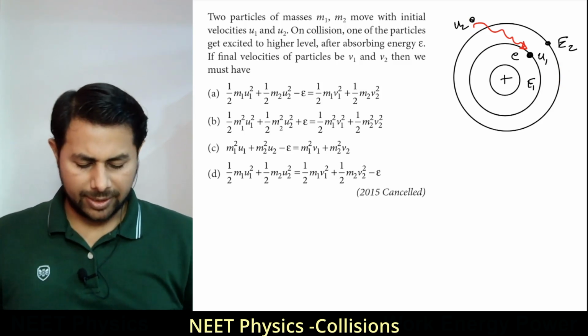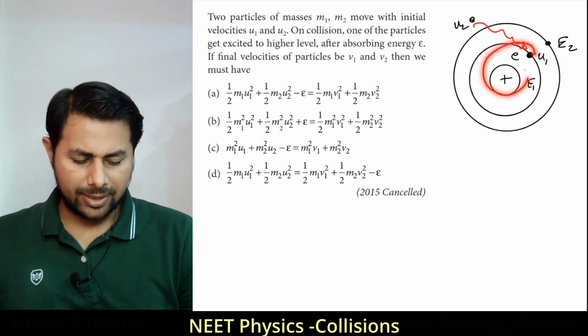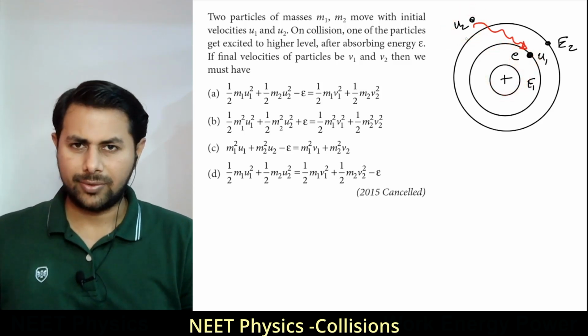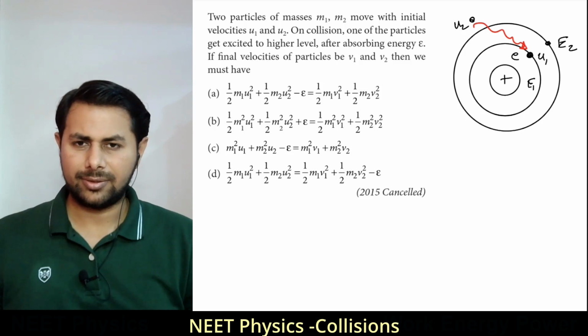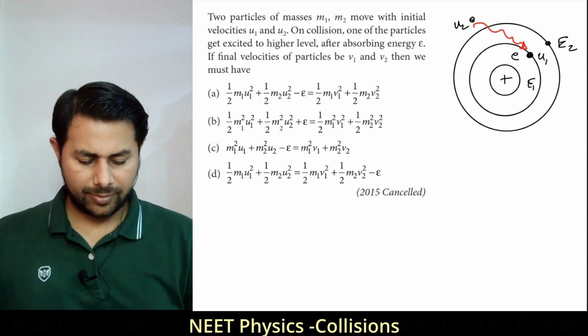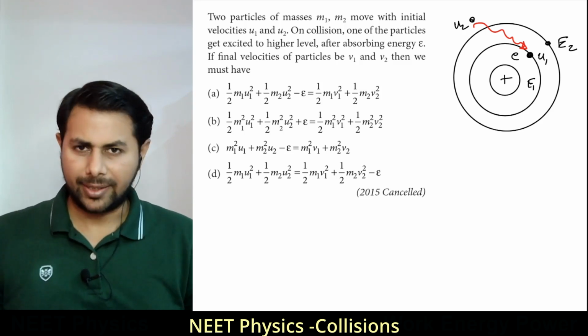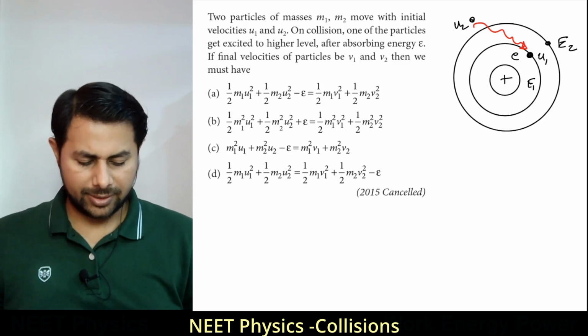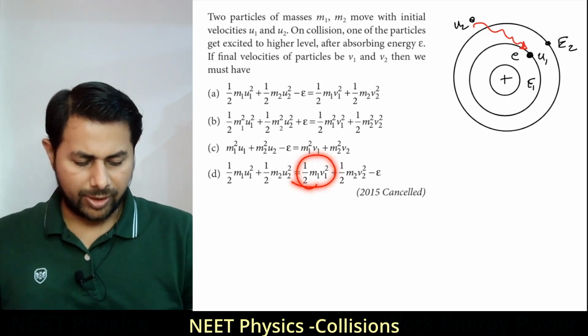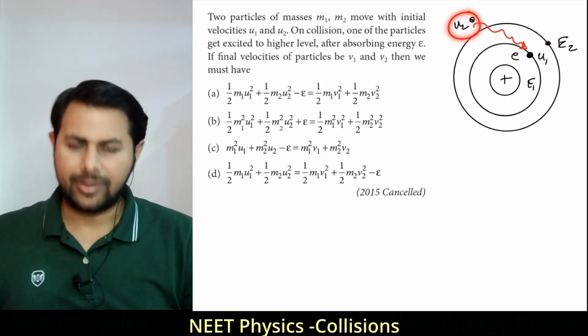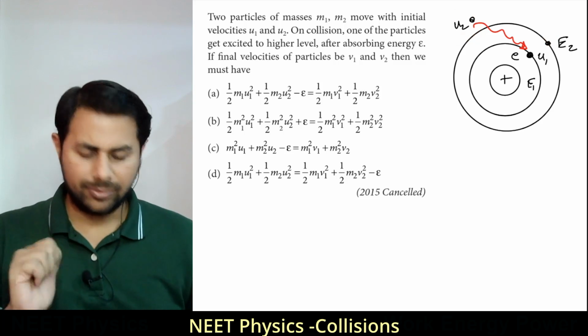So this is simple, right? The energy of this electron plus the energy of this electron is the initial energy, and that must be equal to the final energy. The final energy is: this one moves with velocity v1 in the second orbit, and this one moves with final velocity v2.